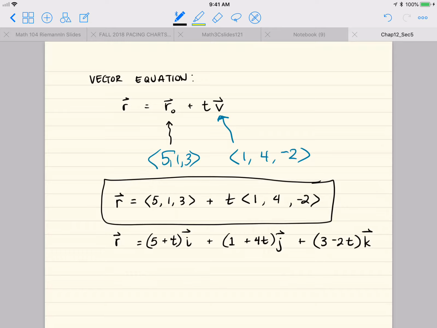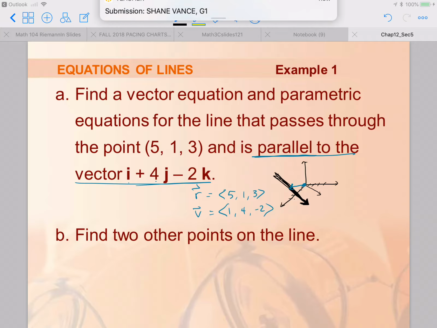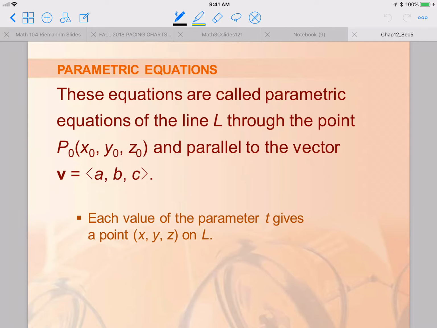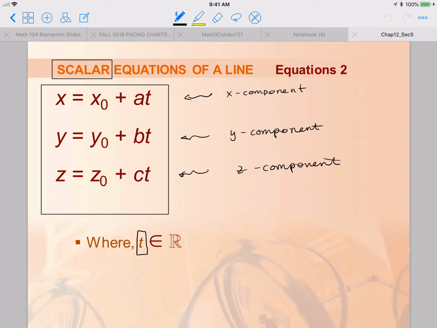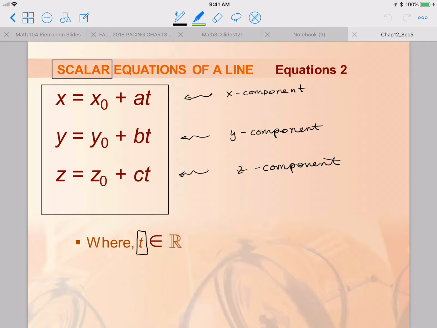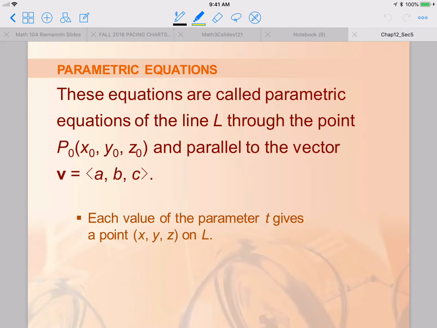Okay, the second thing we need to do is write our parametric equations. So going back to our parametric equations, remember, we've got x, y, z. Do you see here how we wrote that our x component is x naught plus at, the y component is y naught plus bt, and the z component is z naught plus ct.